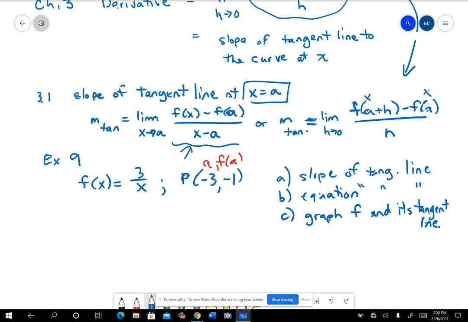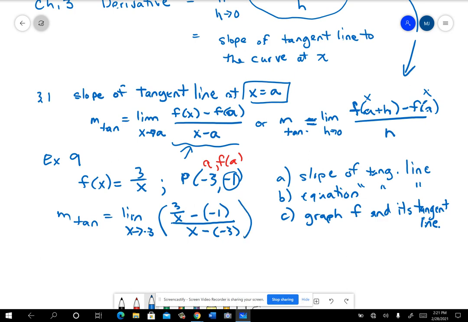You're not doing the general formula, okay? So what you would do is you would come up here and say, the slope of the tangent line to the curve at that point would be the limit as x approaches -3 of 3 over x minus f of A, which would be -1, over x minus the A itself, which is -3.